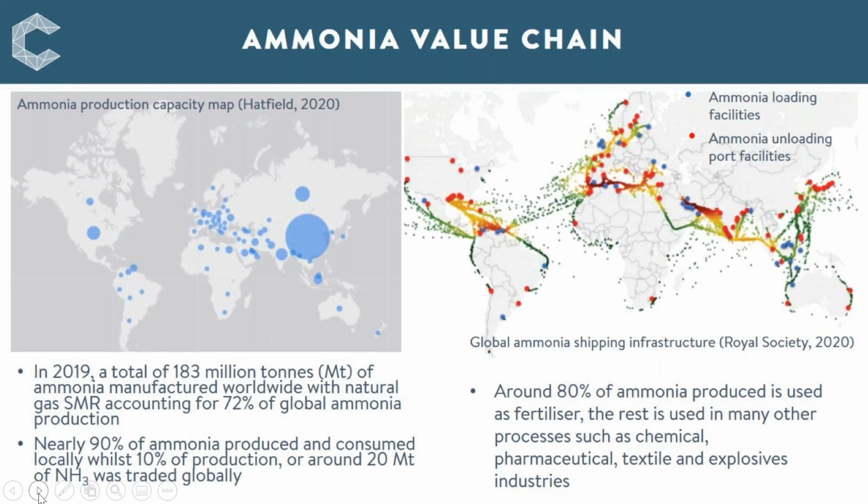For example, the $5 billion project being developed in Saudi Arabia. When completed in 2025, it will be powered by 4 gigawatts of solar and wind power plants and produce 1.2 million tons per year of green ammonia.